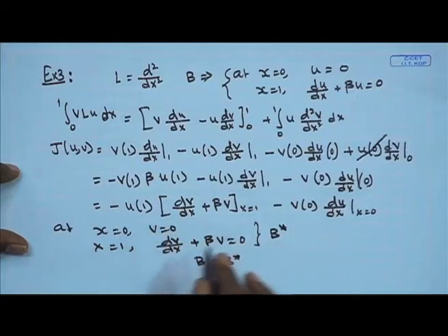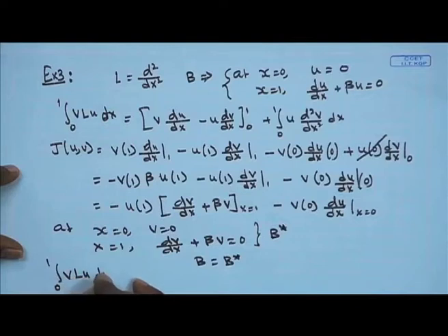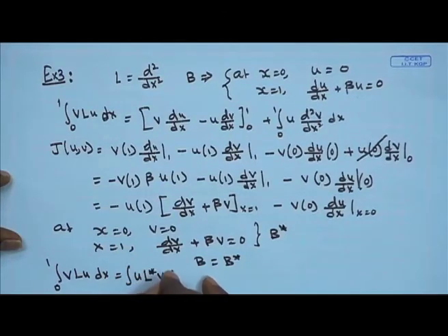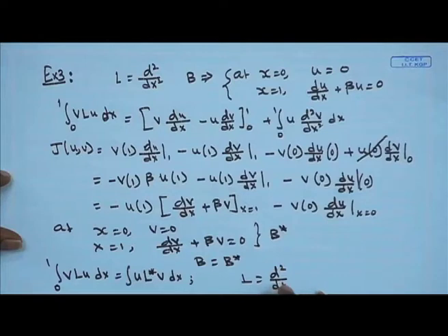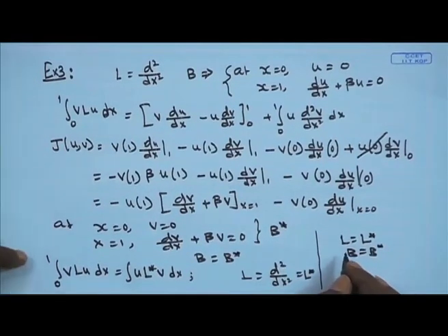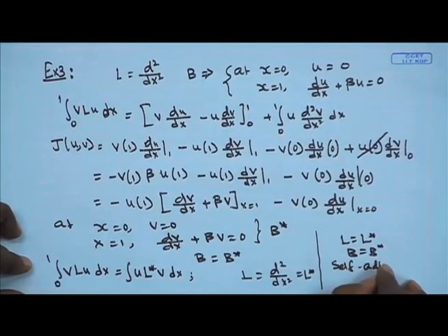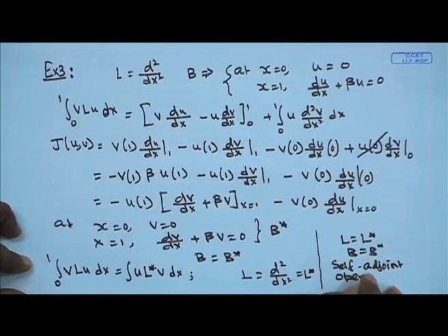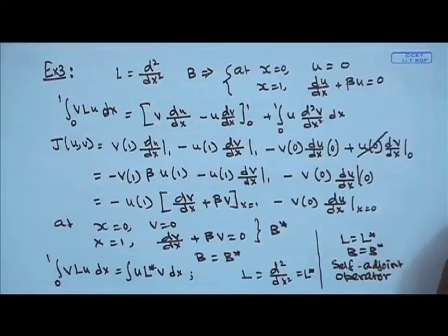If I select this, then my bilinear concomitant will vanish, and I will have the integral from 0 to 1 of v L u dx equal to the integral of u L star v dx, where L is equal to d square/dx square is equal to L star. So, L is equal to L star, B is equal to B star. So, this problem, the operator, the one dimensional Laplacian is a self adjoint operator, even if you have a Robin mixed boundary condition.